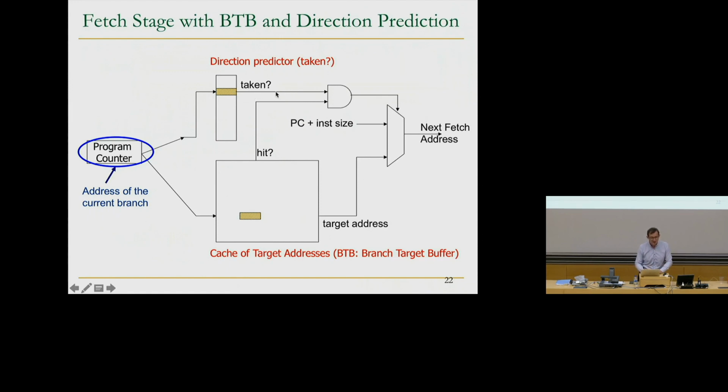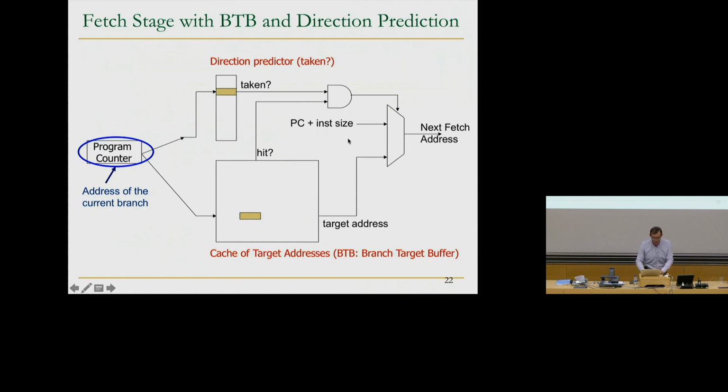If the branch is predicted to be not taken, this is 0. You select PC plus 4, let's say, assuming you know the instruction size. Next fetch address is PC plus instruction size, and you don't care what the target address is. If the branch is taken, and if this is a hit, then you use the target address that you previously calculated, that you got out of the BTB in this cycle as your next fetch address, and you put it into the program counter.